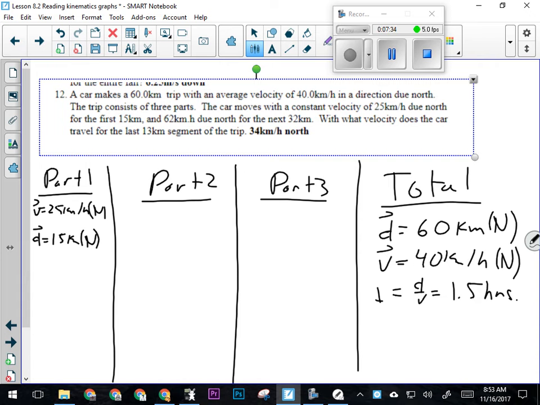So I could really do this like a distance and speed question if I wanted to, because the object's not changing direction. In part 2, we're looking at 62 kilometers per hour for a velocity, and that's again north, for the next 32 kilometers. And what velocity does it travel for the last 13 kilometers?